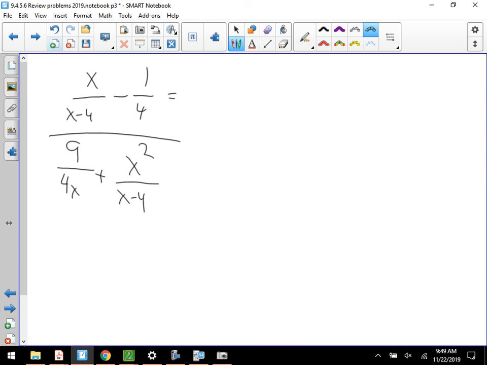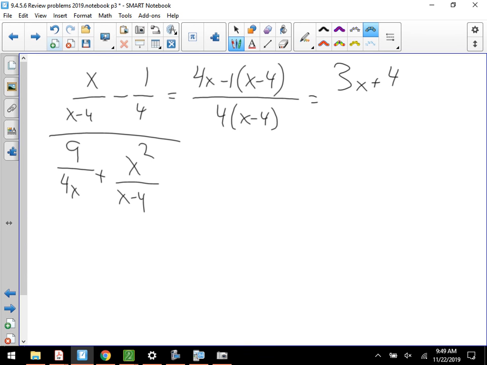We have 4 and an x minus 4, which means I get 4x minus 1 times the x minus 4. This is, again, where people will screw up because they forget the negative. So when you distribute and combine like terms up top, you're going to get 3x plus 4 over the 4x minus 4.